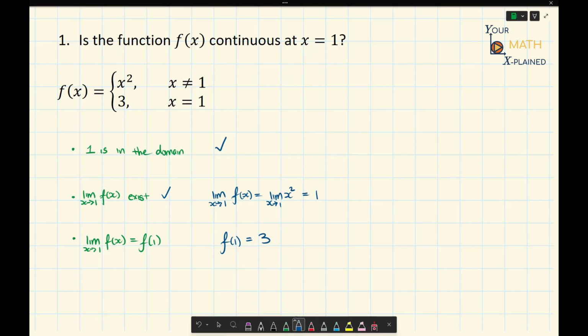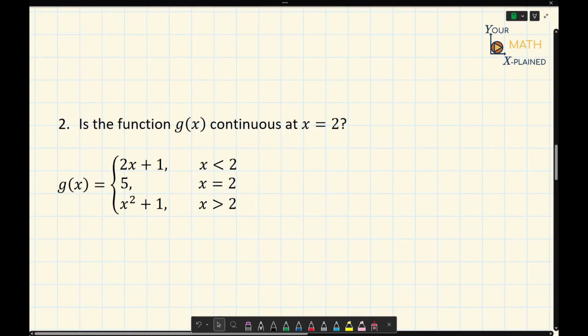So now we can see that they're not equal to each other because this one is 3 and the limit that we found earlier was equal to 1. So therefore, we're going to put an x beside the third condition. So since it failed to satisfy all three conditions, we would say that our function f of x is not continuous at x equals 1.